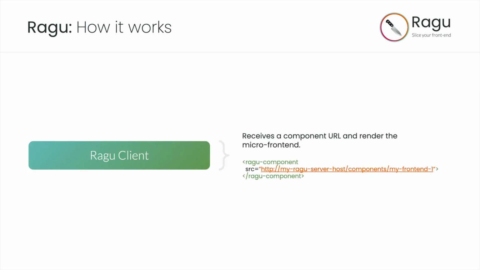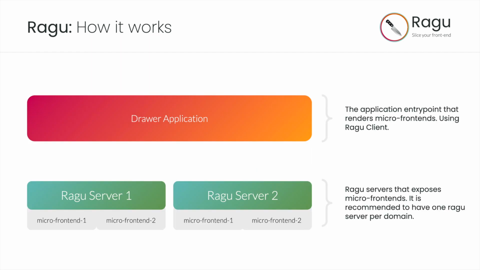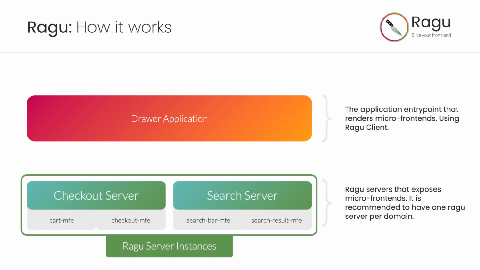And Ragu Client basically receives the micro-frontend resource URL and renders the micro-frontend. The application architecture will look like this. We have one drawer application, the application endpoint that renders the micro-frontend using Ragu Client. After, we have multiple Ragu servers that expose micro-frontends. It is recommended to have one Ragu server per domain.